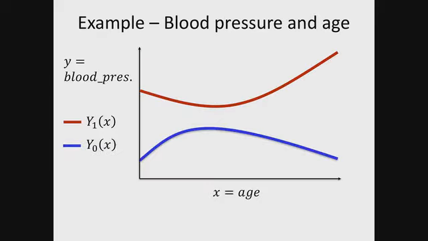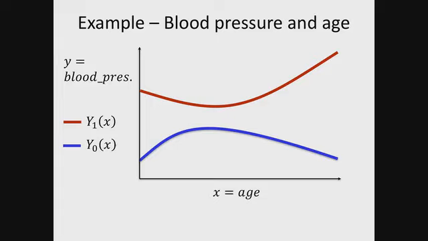So let's look at a very simple example. Here, individuals are characterized by just one feature, their age. And these two curves that I'm showing you are the potential outcomes of what would happen to this individual's blood pressure if you gave them treatment 0, which is the blue curve, versus treatment 1, which is the red curve. All right, so let's dig in a little bit deeper.